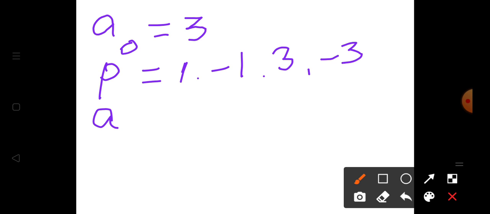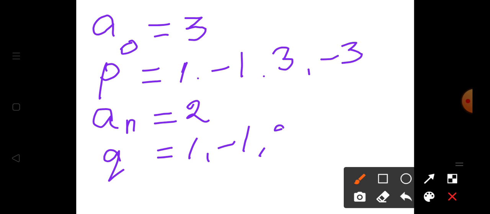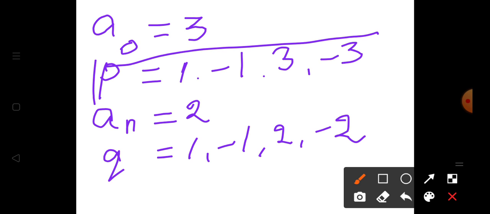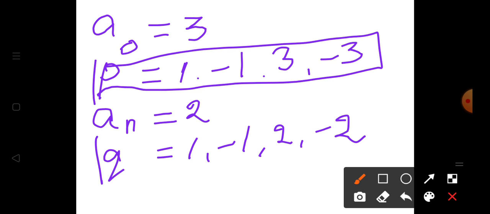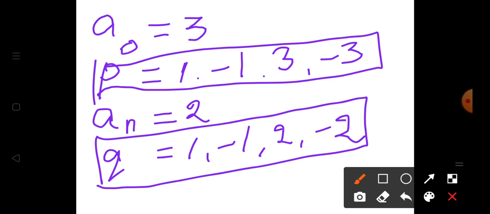Next, a_n is equal to 2, and q is a factor of a_n, so q is a factor of 2: 1, minus 1, 2 and minus 2. The p values are 1, minus 1, 3, minus 3, and the q values are 1, minus 1, 2, minus 2.